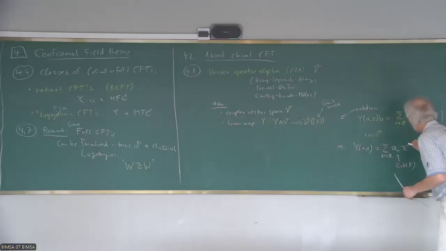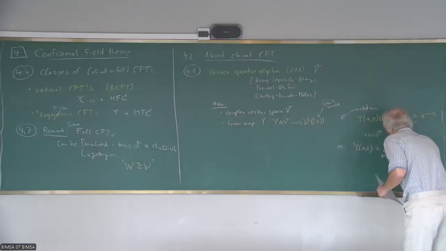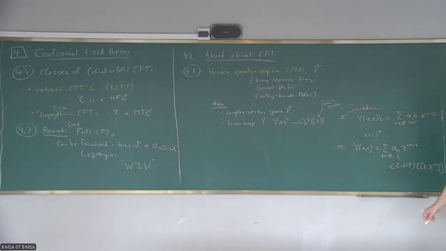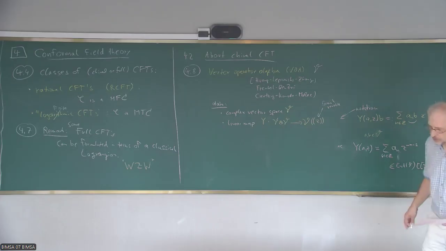So this whole thing here is in End of V, where I have arbitrary power series in Z and Z inverse. And often one requires some extra conditions here, but in full generality, that is what you have.